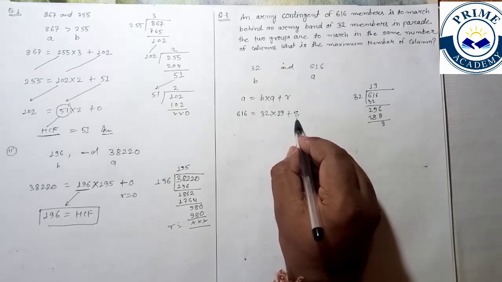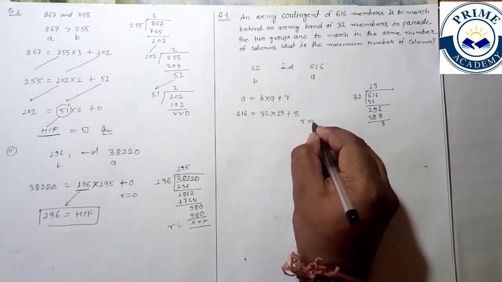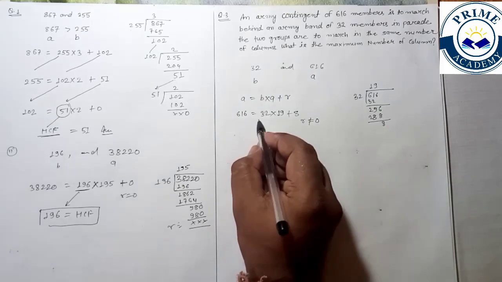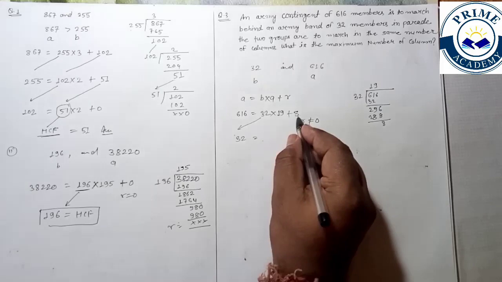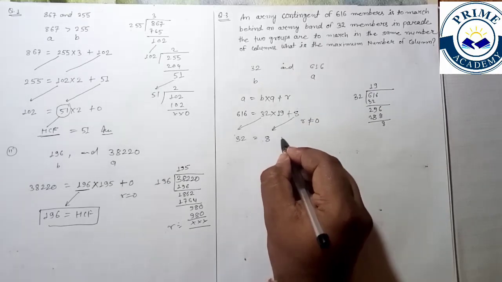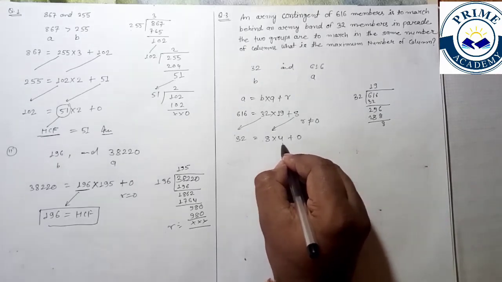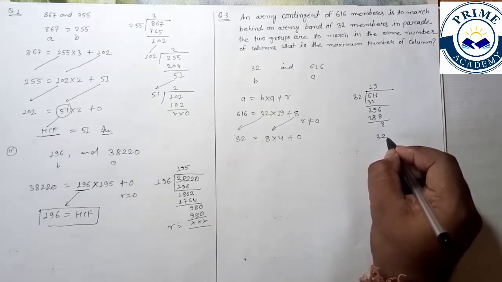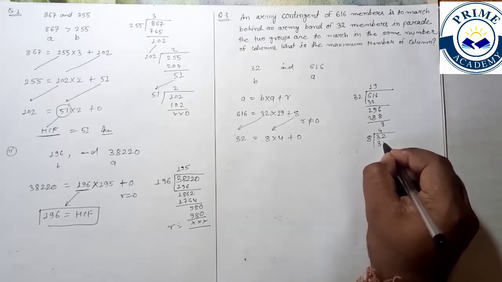So 8 is the remainder, and the remainder is not 0. Here you can write that the remainder is not 0, so Euclid division proceeds further. Now A and B are 32 and the remainder 8. Here you can take 32 as the dividend and 8 as the divisor. You will get 4, and 32 minus 32 will be 0.